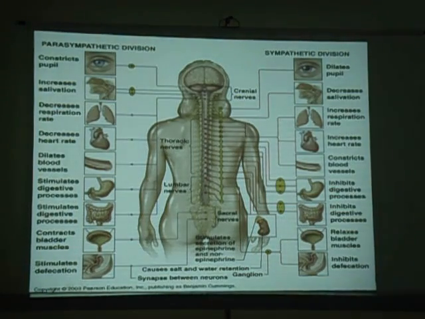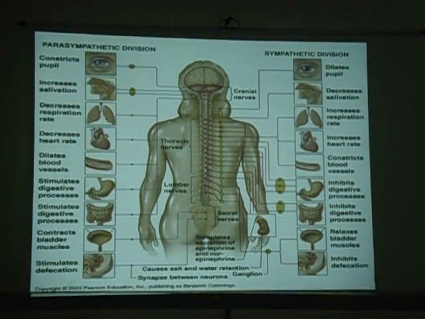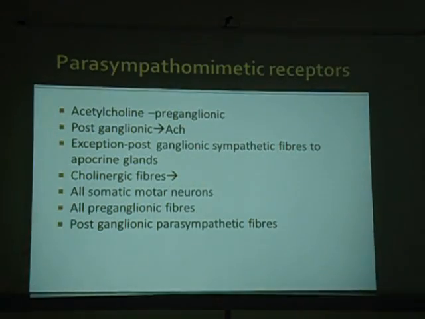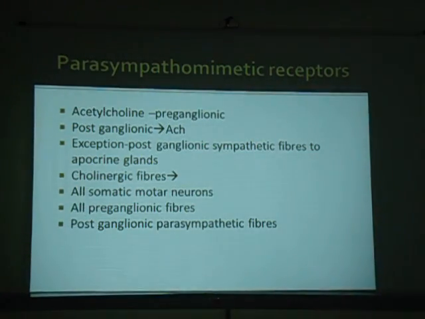Some of the derivatives here can be used for such conditions. So parasympathetic receptors can be both preganglionic and postganglionic. With the exception of the postganglionic sympathetic fibers to the apocrine glands, most of the glands have this acetylcholine.